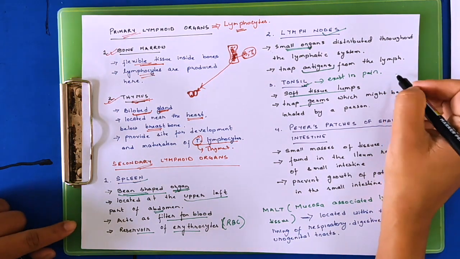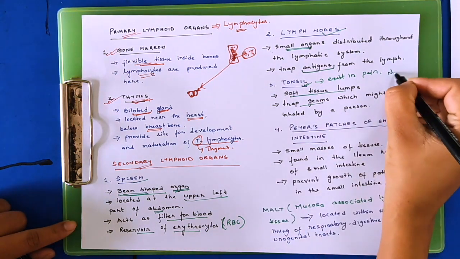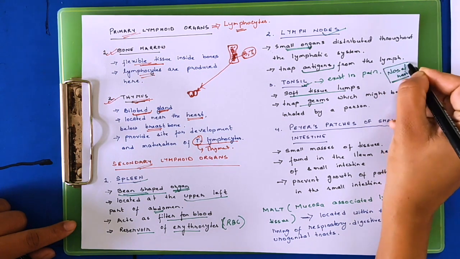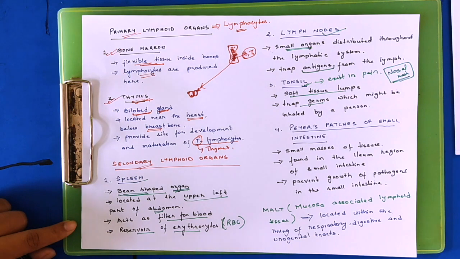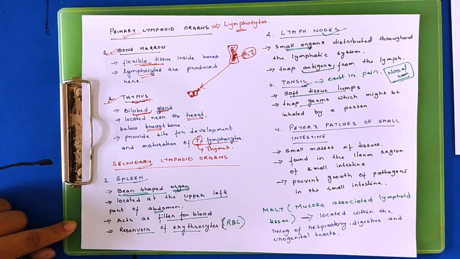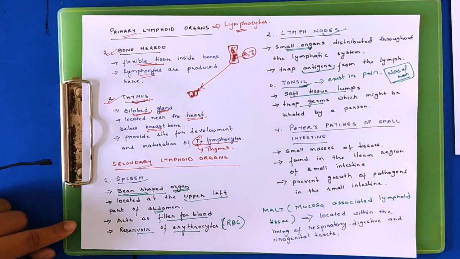Just like we have nasal hair, whose function is to help in trapping germs or any antigens or foreign particles, the tonsils also trap germs that nasal hair could not trap.